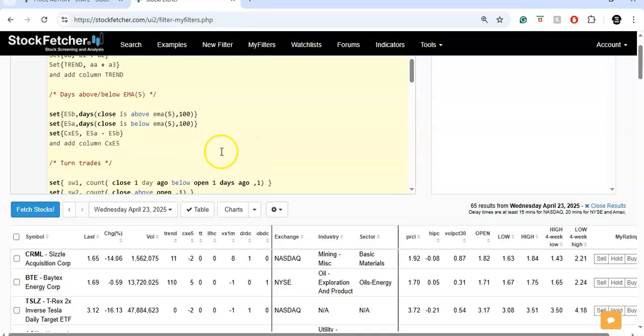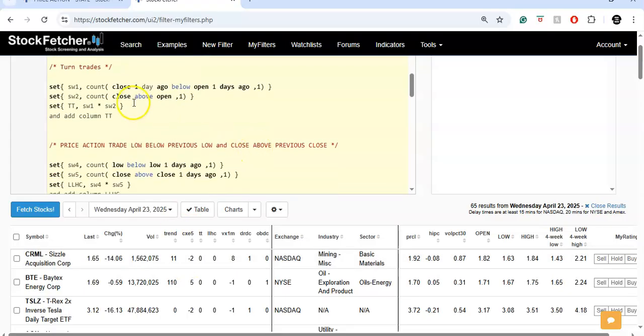Next thing is something I call indicator 2, which is basically the EMA 5 and where the close is in relation to it. Is it above or below it? So here for the past 2 days for this stock, it's been below it for 2 days. Next is turn trades. Basically, you have a bear candle followed by a bull candle.